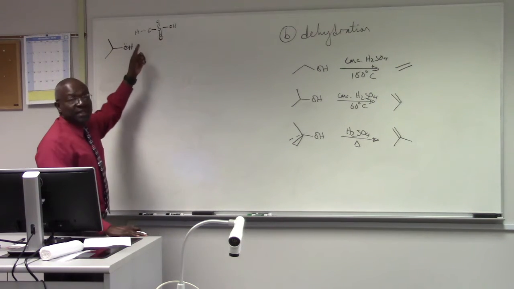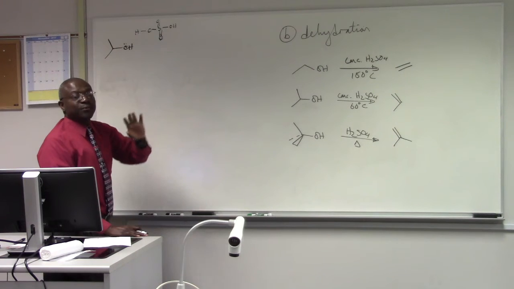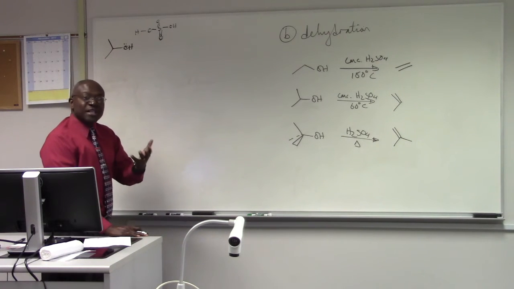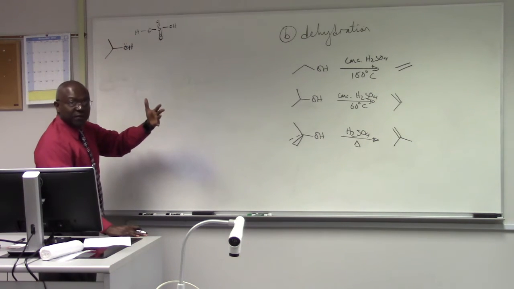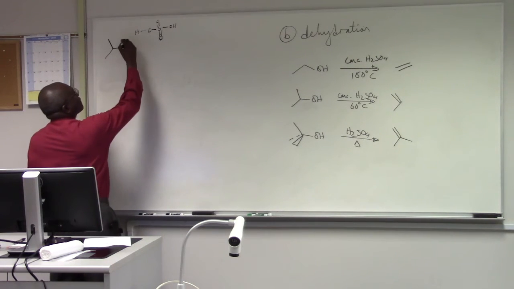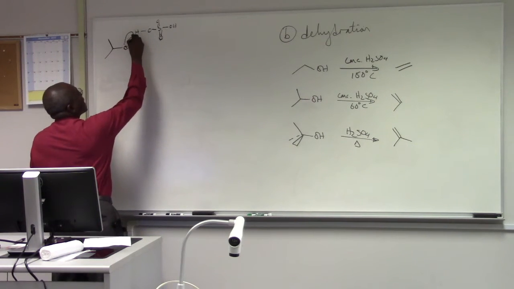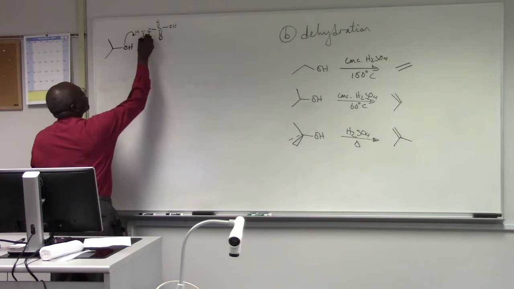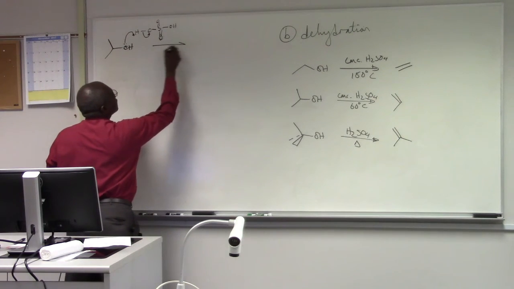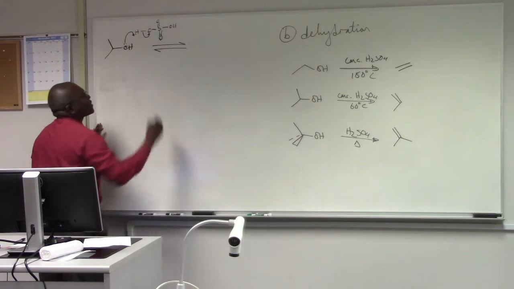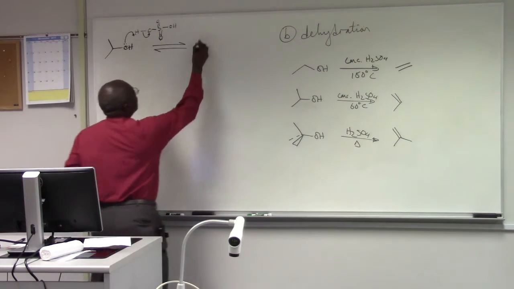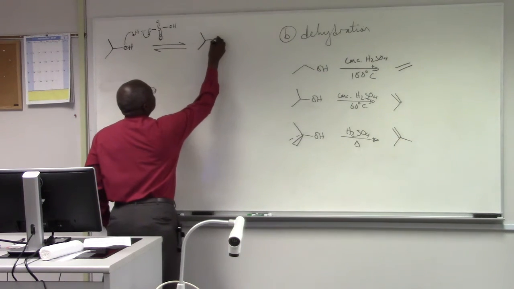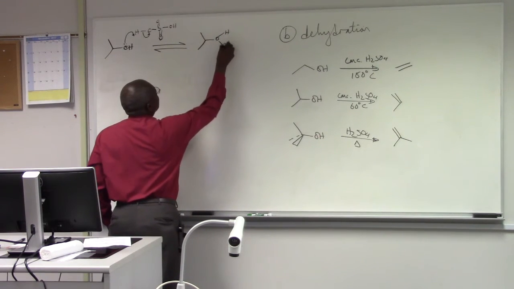So acids protonate. Who do they protonate? They protonate bases. What makes me a base? Having either a lone pair of electrons or a pi pair. So really then, the first event is that the alcohol acts as a base and deprotonates the acid. There's a proton transfer. And since it's an acid-base reaction, I'm going to write an equilibrium arrow that will generate the protonated alcohol.